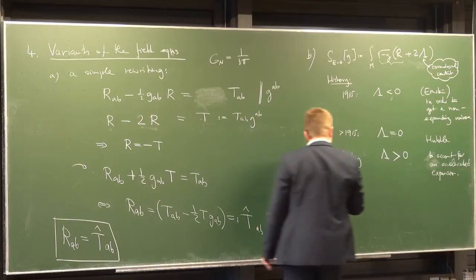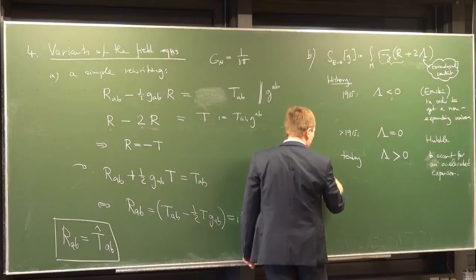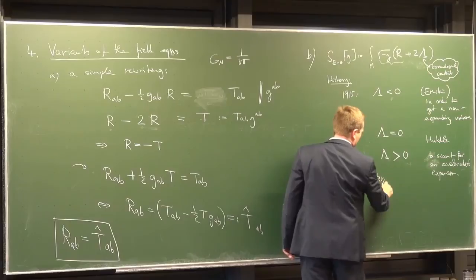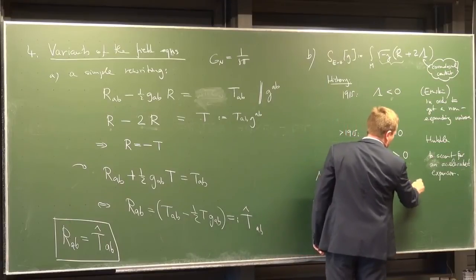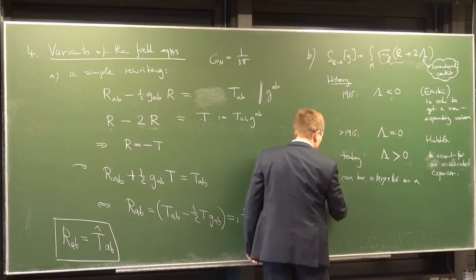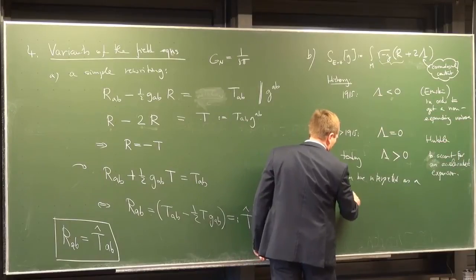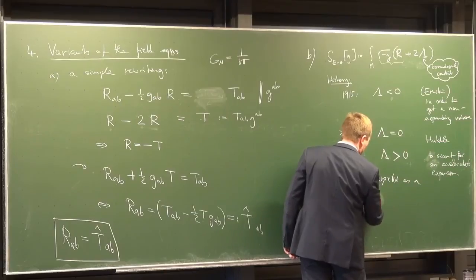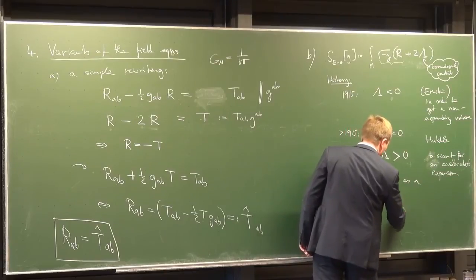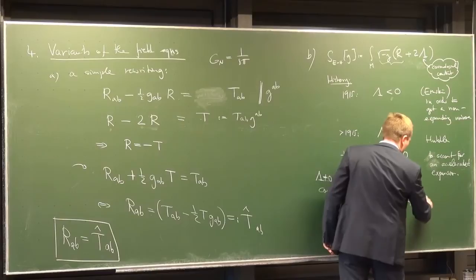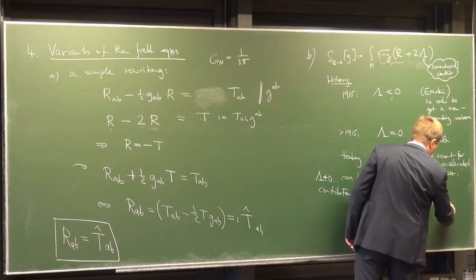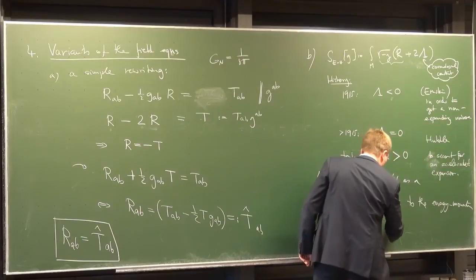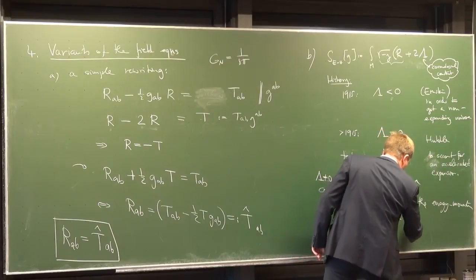So Lambda non-zero can be interpreted as a contribution, what is it? I think minus 1/2 Lambda g_ab to the energy momentum of matter in space-time.